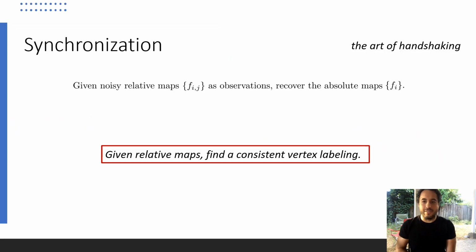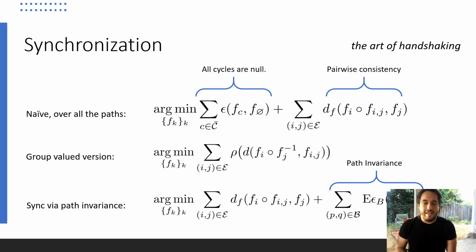Then what is synchronization in this framework I just described? Well, it is, given relative maps this time, recovering the absolute quantities fi, a vertex labeling, right? So given relative maps, find a consistent vertex labeling. We can formulate it as an energy minimization simply. And this is, I think, a good look because many of us are familiar with such formulations.